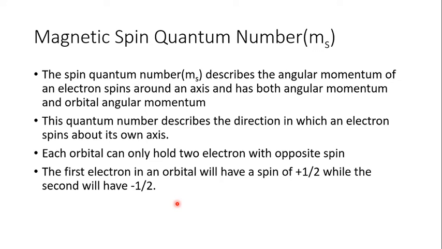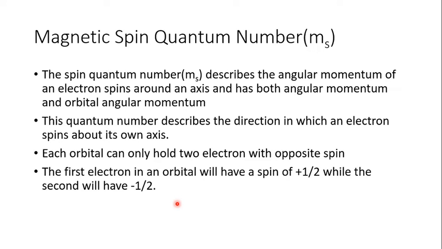So the next and last quantum number is the spin quantum number. It is denoted by ms. The spin quantum number ms describes the angular momentum of an electron spin around an axis, and has both spin angular momentum and orbital angular momentum. This quantum number describes the direction in which an electron spins about its own axis.